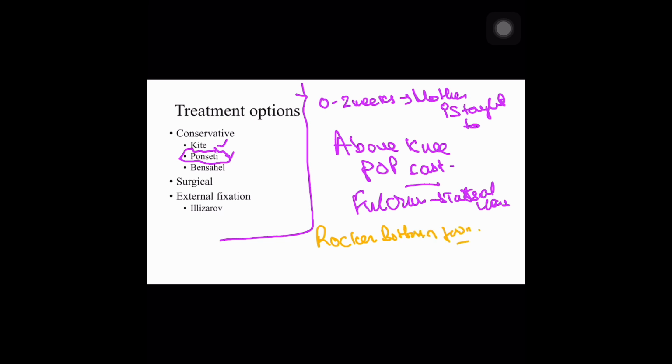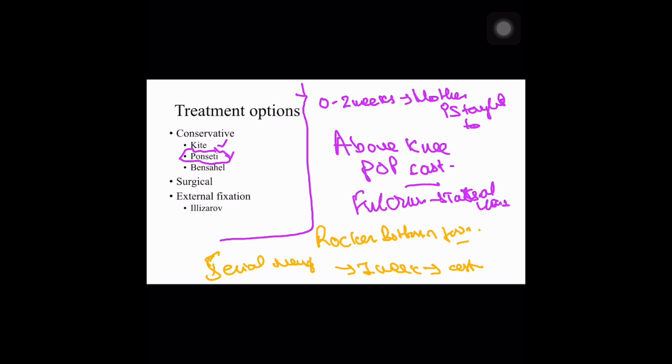So rocker bottom foot is basically the deformity that you see. The treatment is started by the doctor at least by 2 weeks. Manipulation and correction of the deformity is done, and it's like a serial manipulation. Manipulation is held for 1 week with a cast, then you remove the cast, remanipulate the deformity, and apply the cast again.